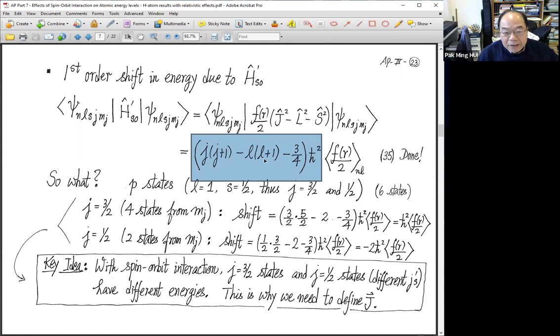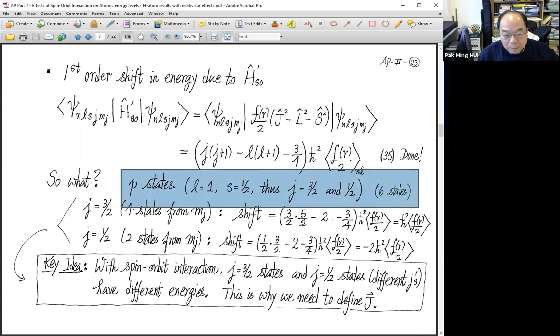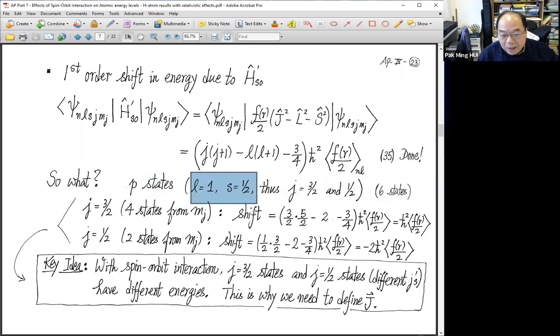So suddenly we know the shift in energy will depend on J, all right? What does it mean? For the P states, there are 6 states, right? But we know there are 2 values of J. J can be 1 plus half or 1 minus half, you see? And these 2 multiplets, with different J values, will have different shifts.